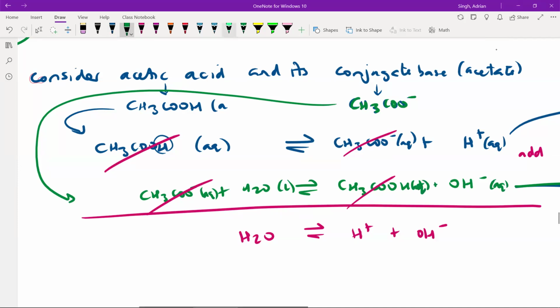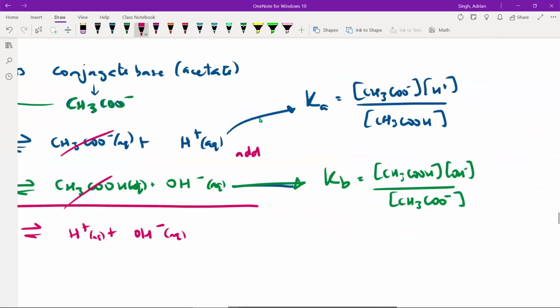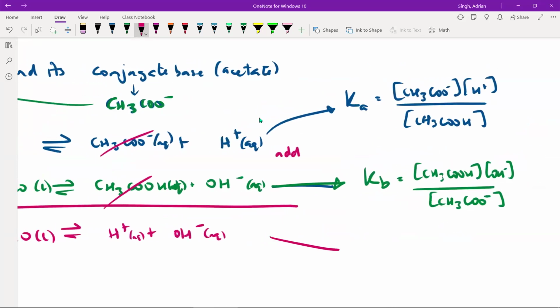So we end up with H2O liquid, H plus aq, and OH minus aq. So I can write the K expression for this resulting equation down here, which would look familiar to you. So K is equal to H plus times OH minus, right? And as you recall, this is actually Kw.